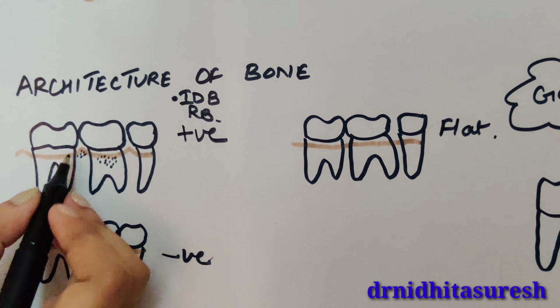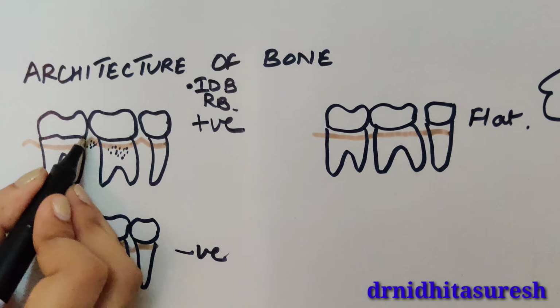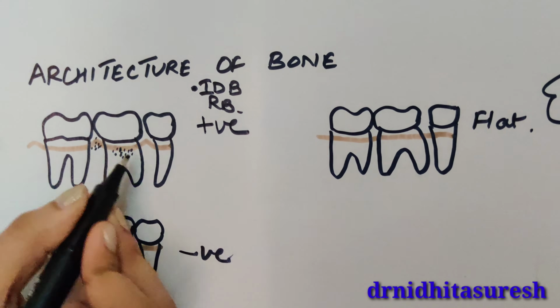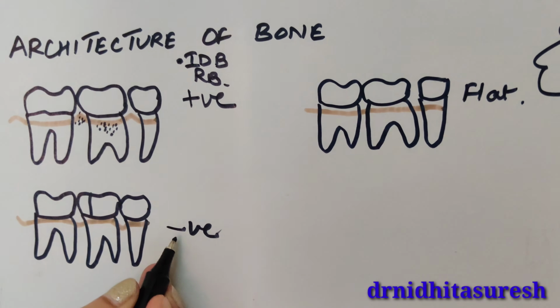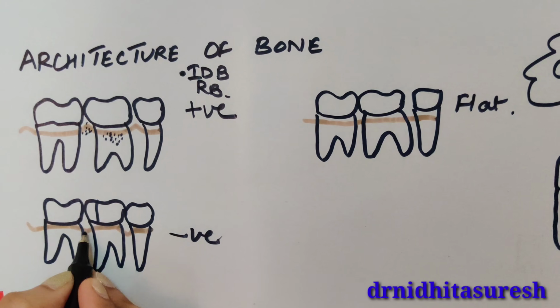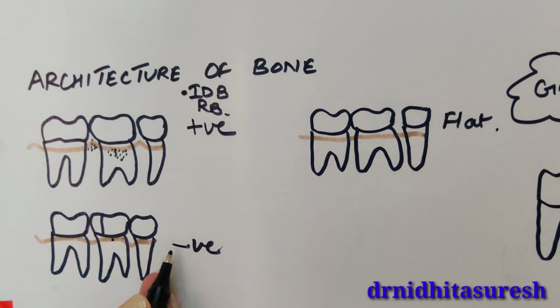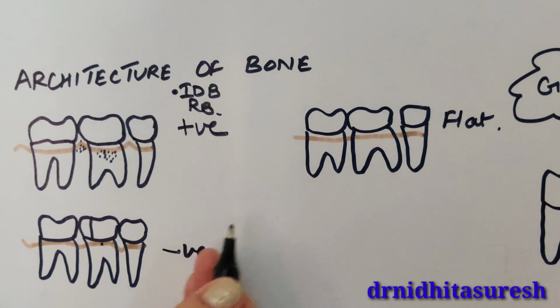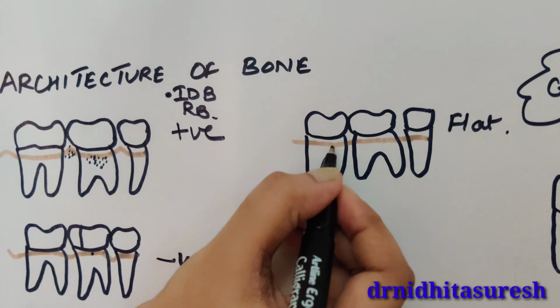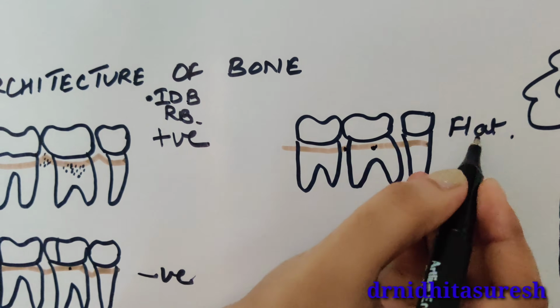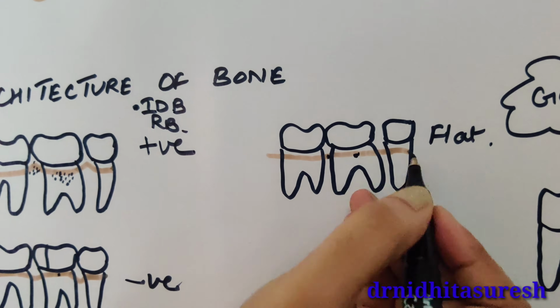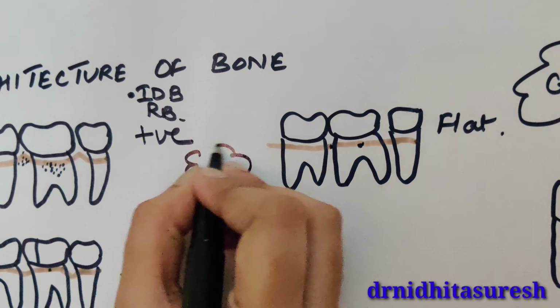Now if the interdental bone is coronal to the radicular bone, you call it a positive architecture. And when do you call it a negative architecture? When the interdental bone is apical to the radicular bone, you call it negative architecture. And when the interdental bone as well as the radicular bone are of the same height, you call it flat architecture. So what is an ideal architecture?